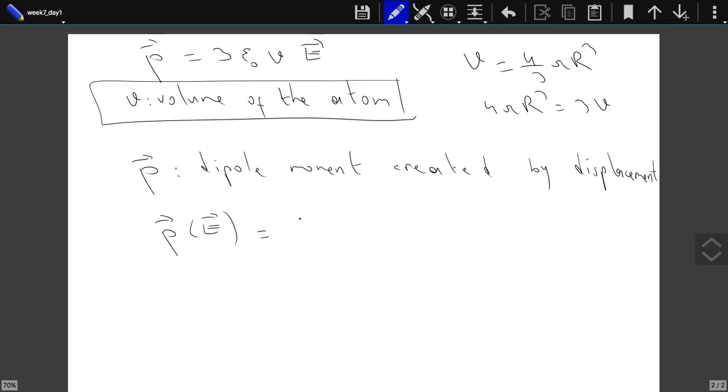So you will have one coefficient times the electric field plus terms that are proportional to the square of the electric field, the cube of the electric field, etc. This coefficient alpha is what we call the susceptibility. So it is how susceptible your system is to polarization due to an electric field.